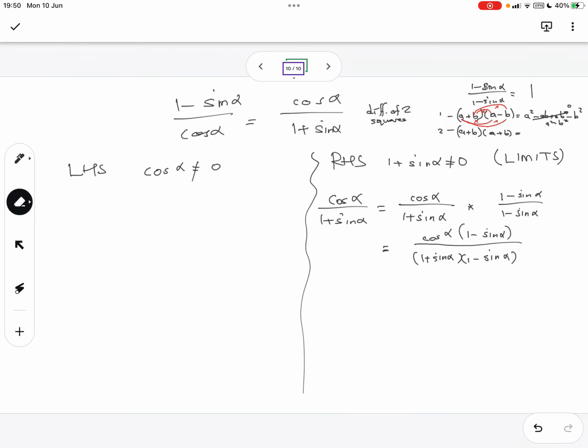And these two are additive inverses, so they give us 0, and we're simply left with a squared minus b squared. So we call this difference of two squares, right?